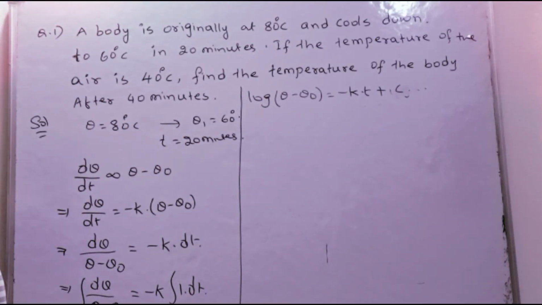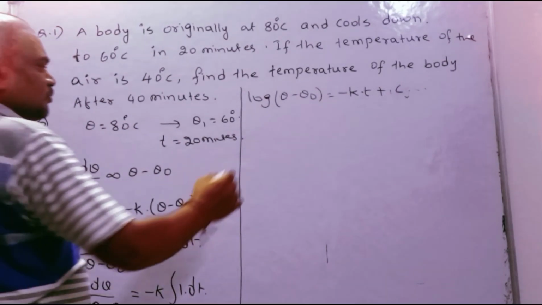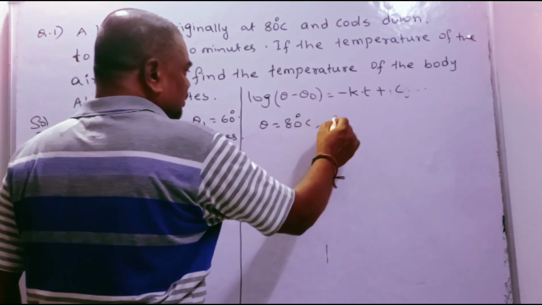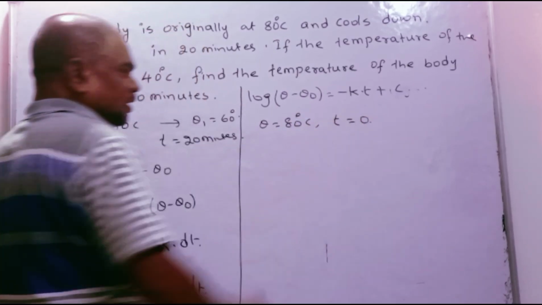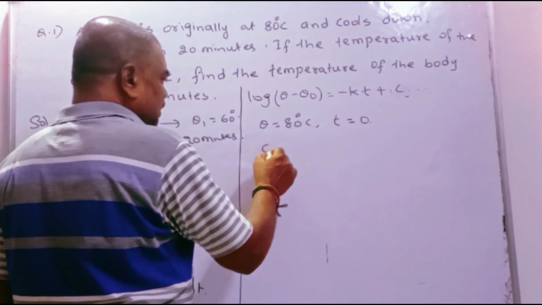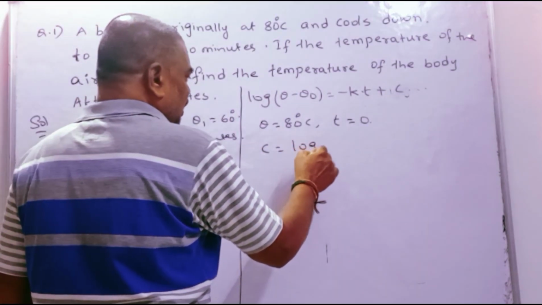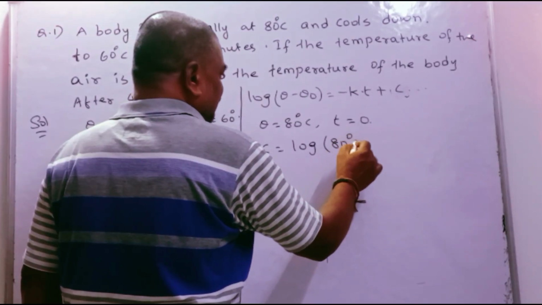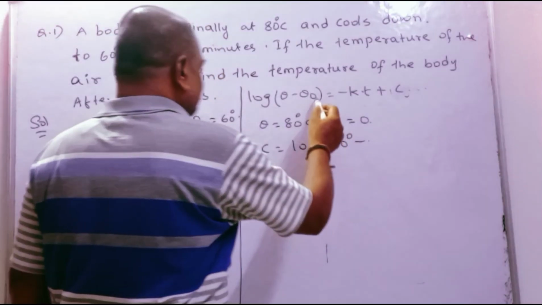Initially, when theta equal to 80 degrees centigrade, t equal to 0. Then what is c? c equal to log of 80 minus theta 0.